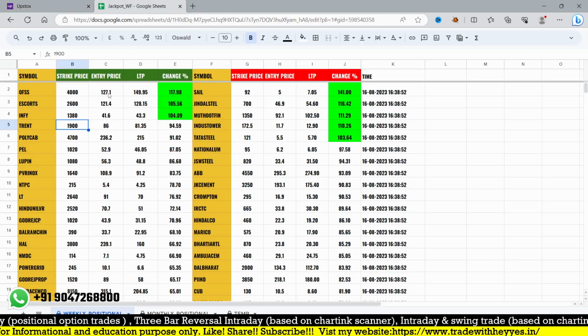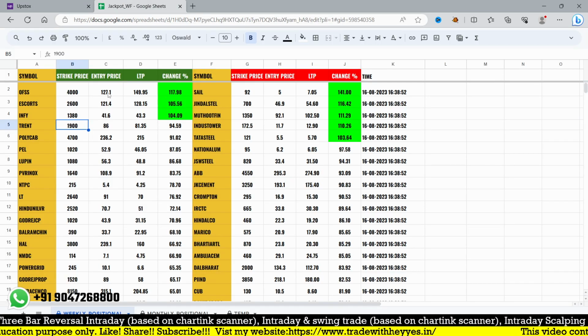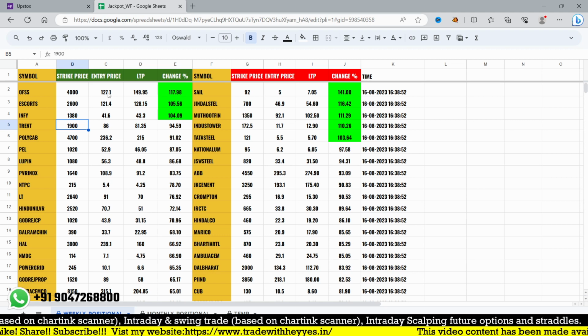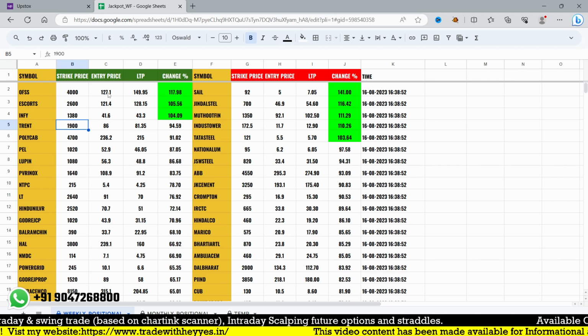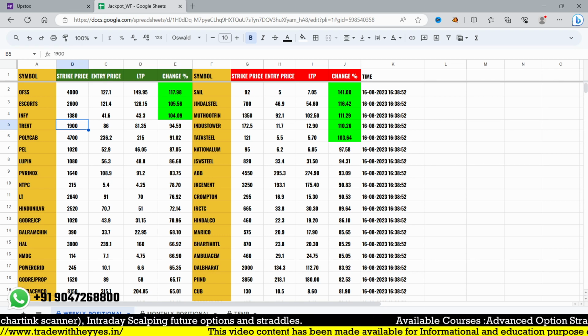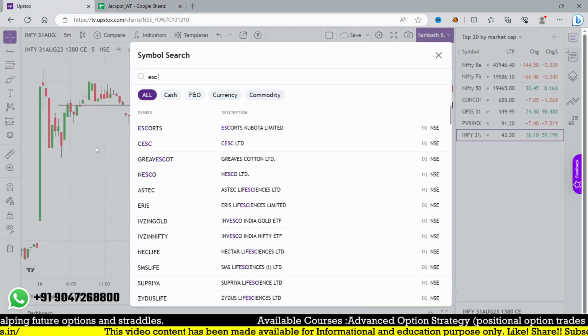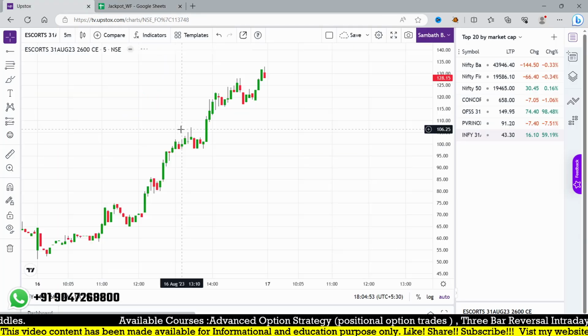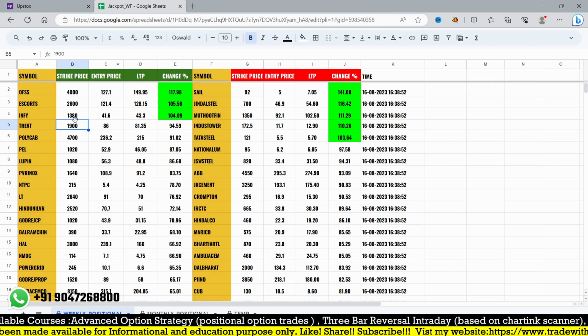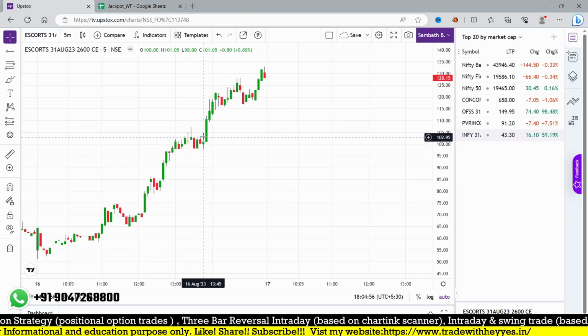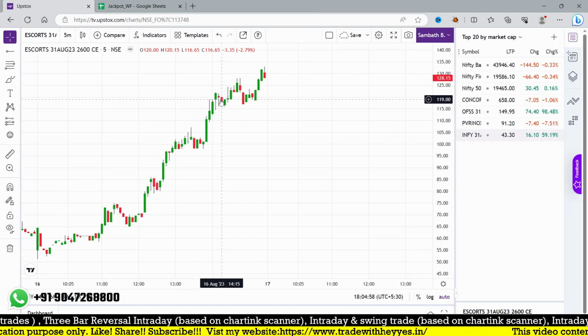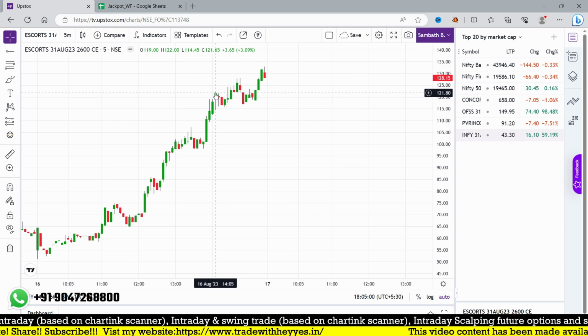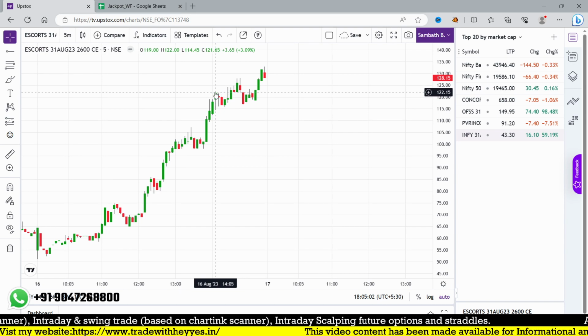Some of the opportunities we find later, like Yes Bank 2600, came into the scanner. Let me check how it became 2600. What happened here? Look at this, our entry point is 121. You can see 121 maybe here. At this point of time it triggered 121 around 2 o'clock.